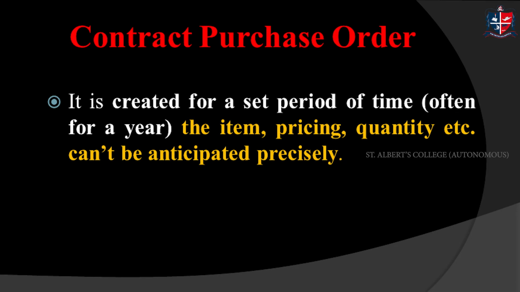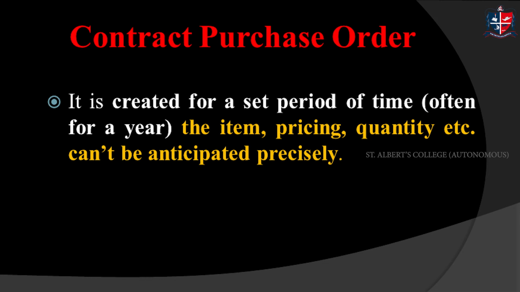Here a contract will be placed for 1 year between the buyer and the seller, but the information regarding the item, quantity, price, etc. won't be known by the buyer precisely. The buyer will not have much knowledge regarding the items discussed.